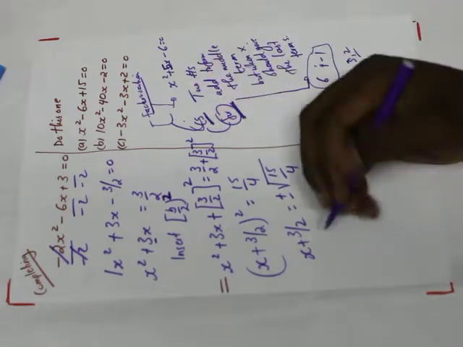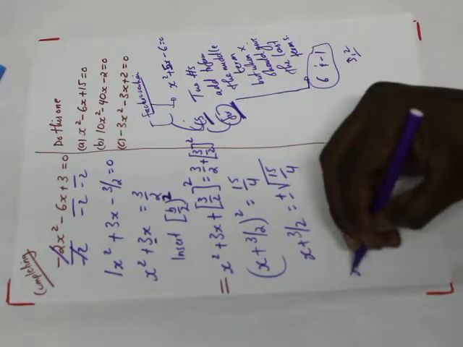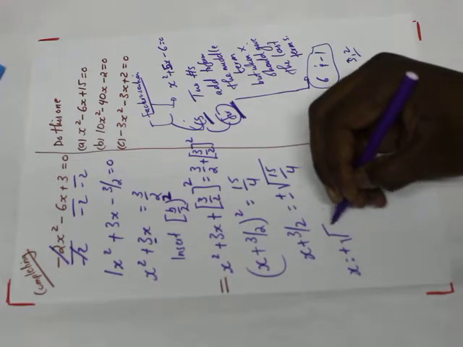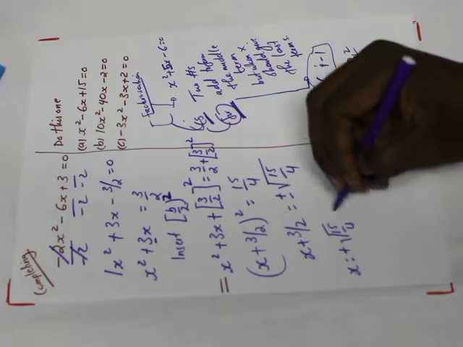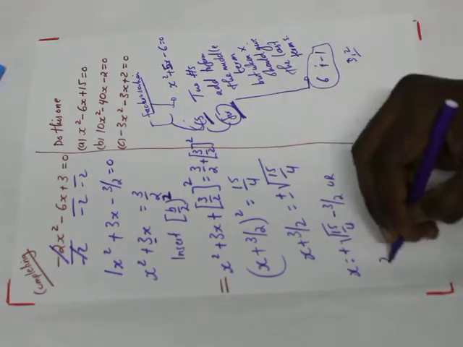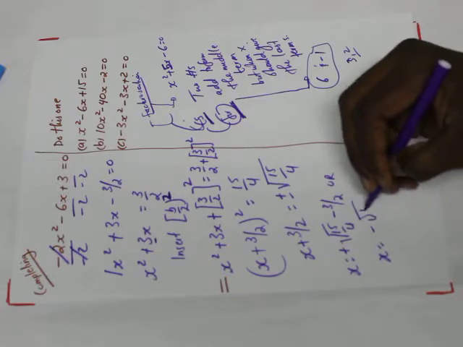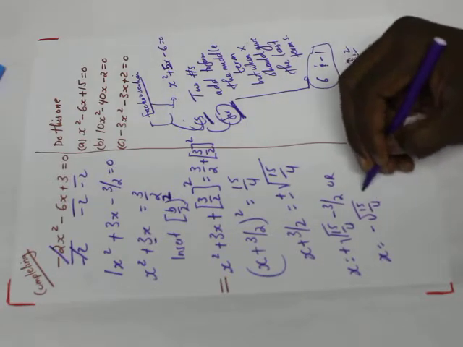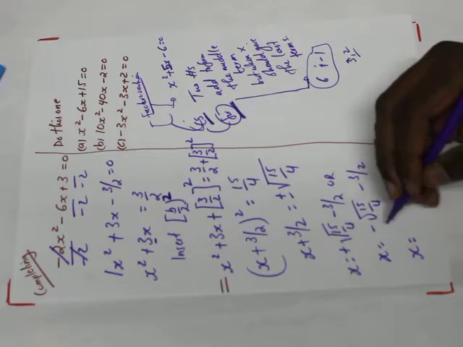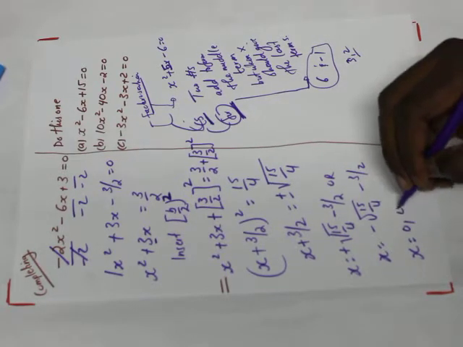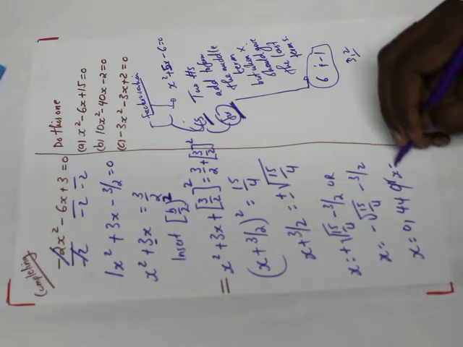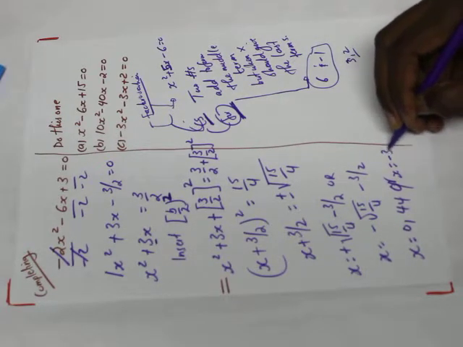So you can obviously see that x is either equal to positive square root of 15/4 minus 3/2, or is equal to negative square root of 15/4 minus 3/2. If you calculate, you'll get 0.44, or x is equal to negative 3.44.